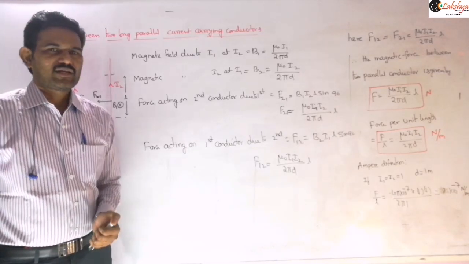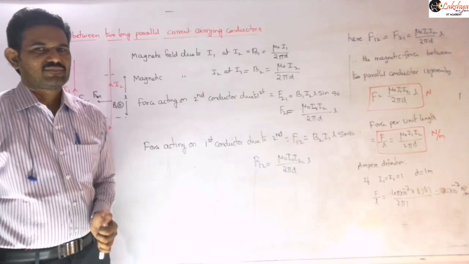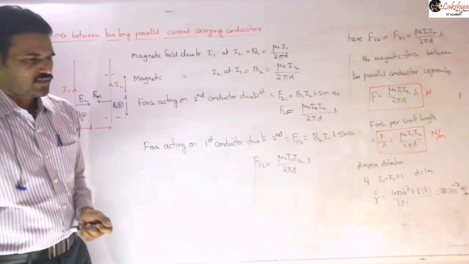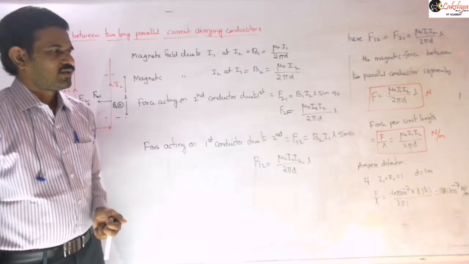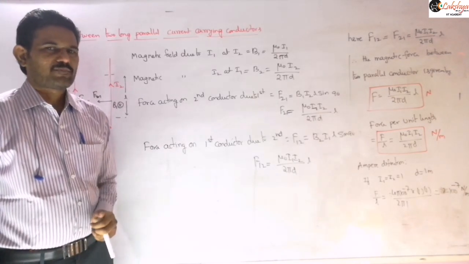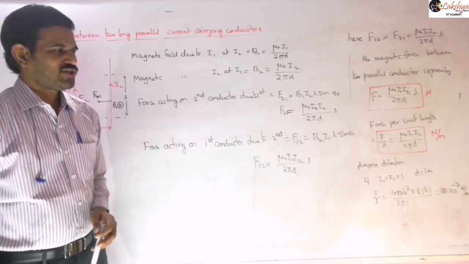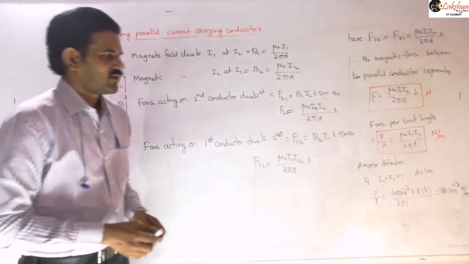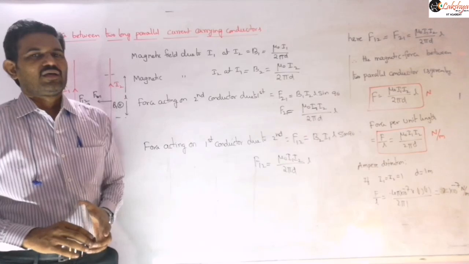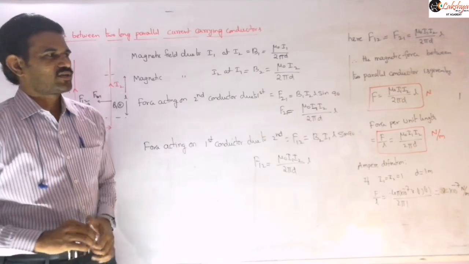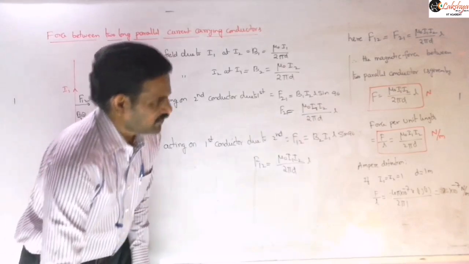When two long parallel conductors carrying identical current, the same amount of current, repel or attract each other with a force of 2 into 10 power minus 7 Newton per meter, then the current flowing in each conductor is said to be 1 ampere.